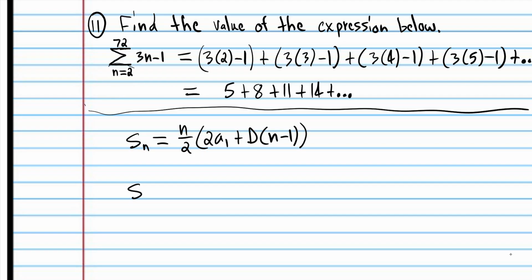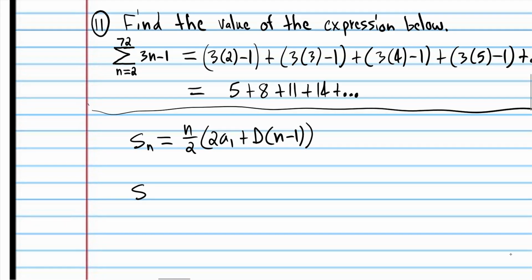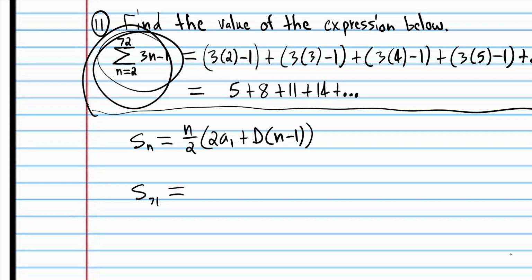If we were starting with n equals 1, then there would be 72 terms. That's very important to remember for the test. But because we're starting with n equals 2, there's only 71 terms. So we're adding the first 71 terms to calculate the value of this expression.